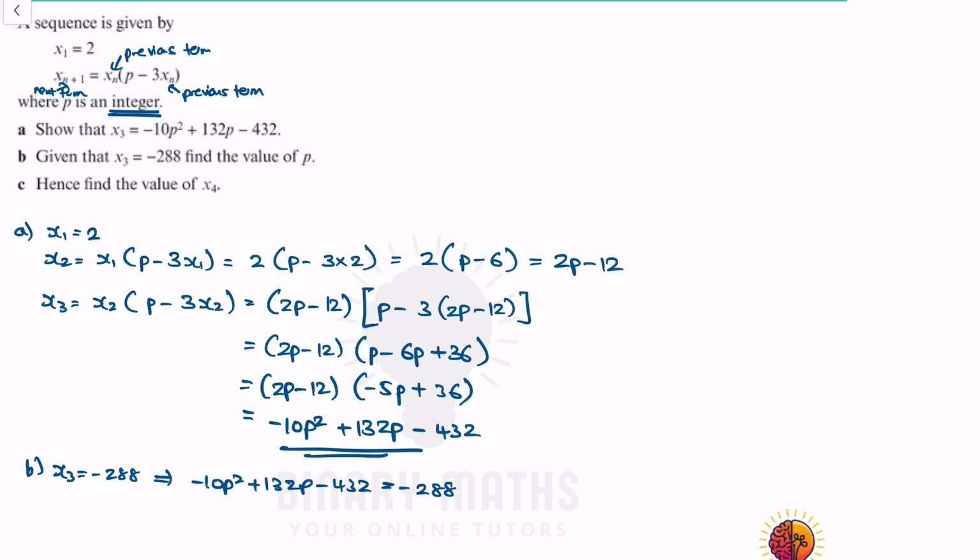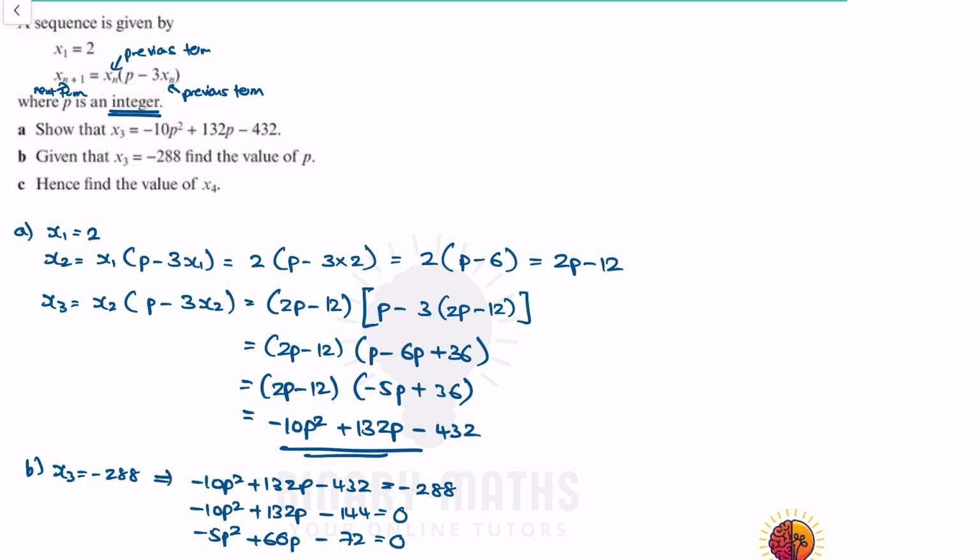If we take everything to the left-hand side, I get minus 10p squared plus 132p minus 432 plus 288, which gives me minus 144, is equal to 0. We've got even numbers here, so let's divide by 2. So I end up getting minus 5p squared plus 66p minus 72 is equal to 0.